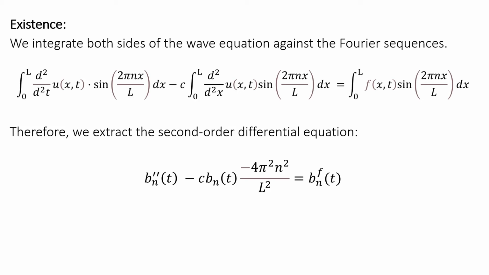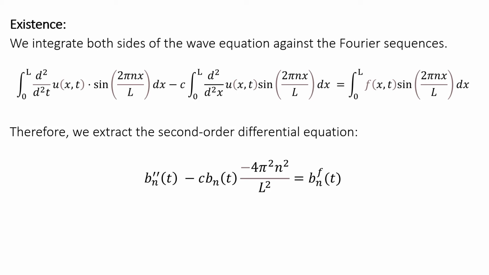Now on the right hand side, we know that integral just equals the nth Fourier sine coefficient of f at time t up to some factor 2 over L, and the two integrals on the left hand side, they just extract the Fourier coefficients of the second time derivative and the second space derivative of u. Again, up to a factor 2 over L.